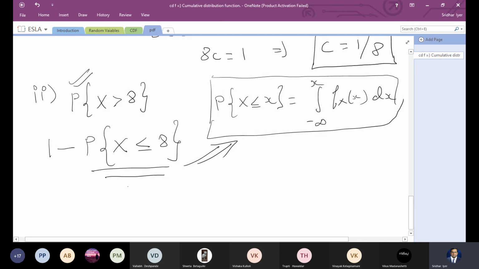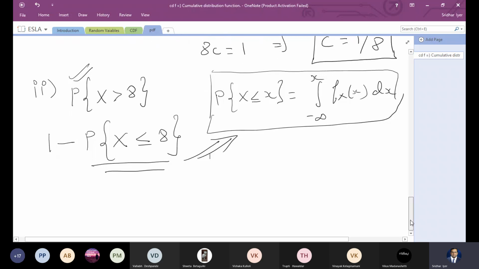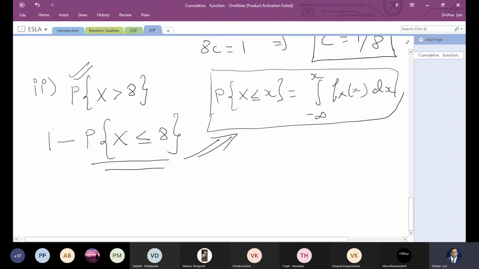So the property is there. We need to know how we can apply that property. That is the catch in this part here. Now things become very easy. It is just an integration that we need to do. Having converted the given parameter, P of x greater than 8, to 1 minus P of x less than or equal to 8, now we'll just apply the property.